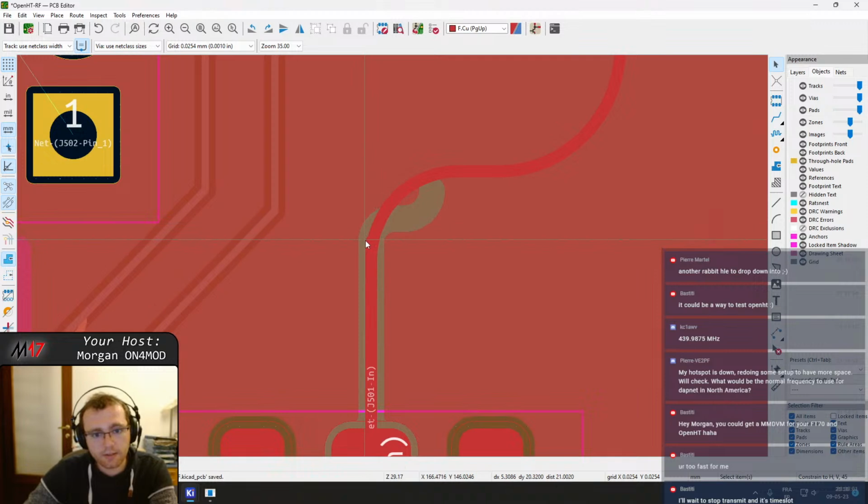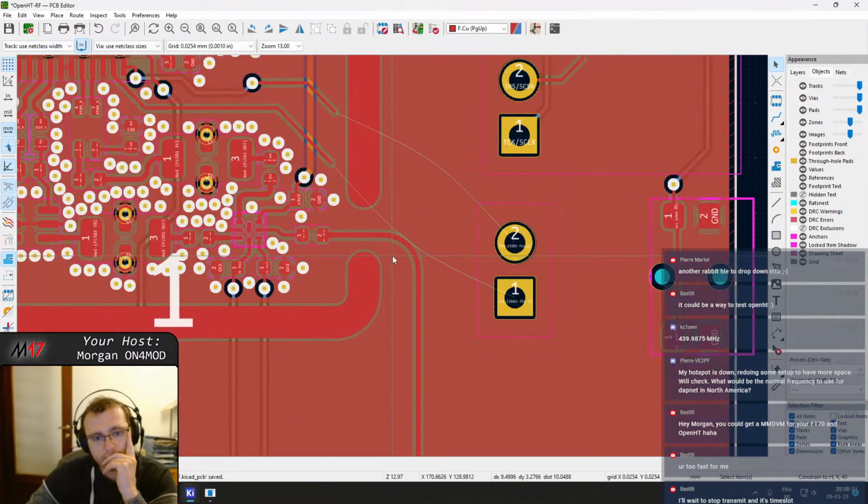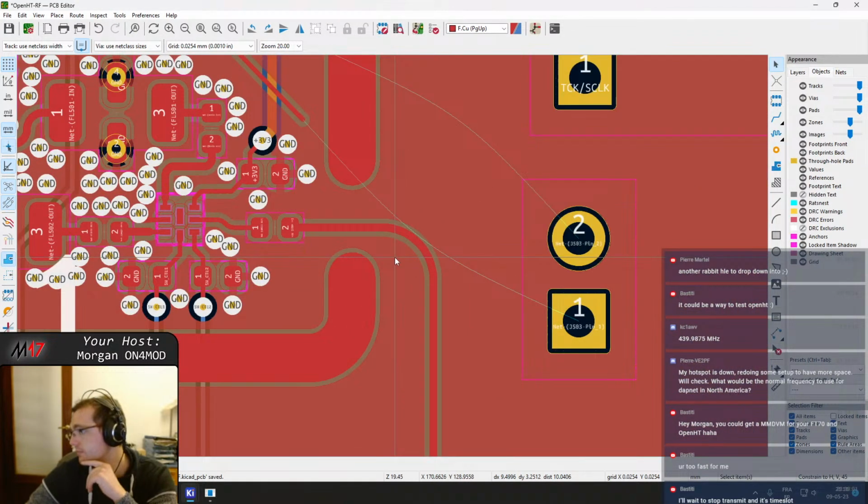Previous tracks. Okay, perfect. It could be a way to test OpenHT indeed.